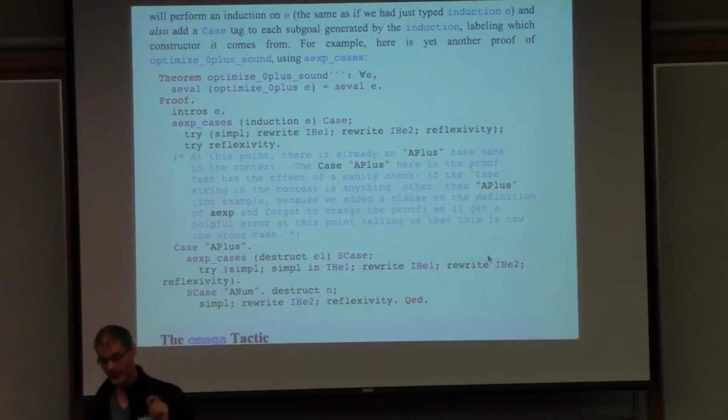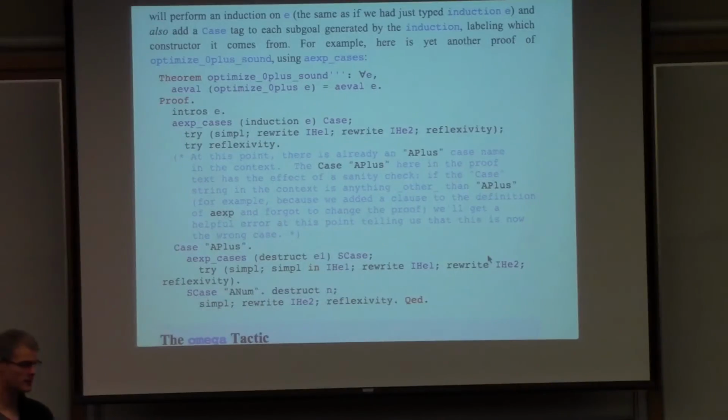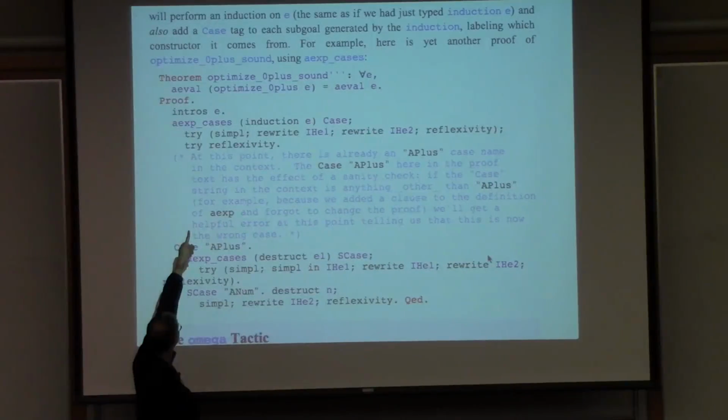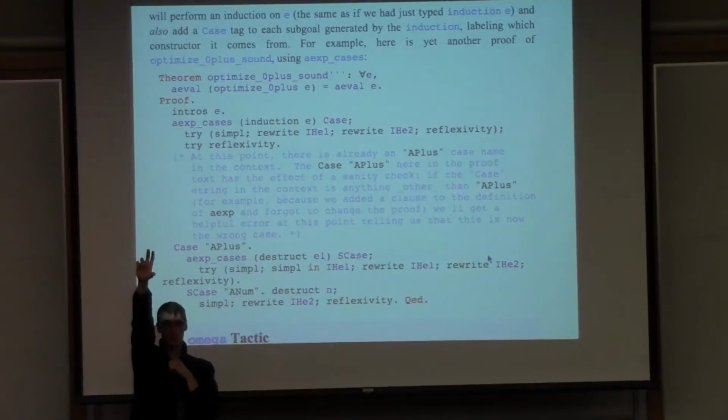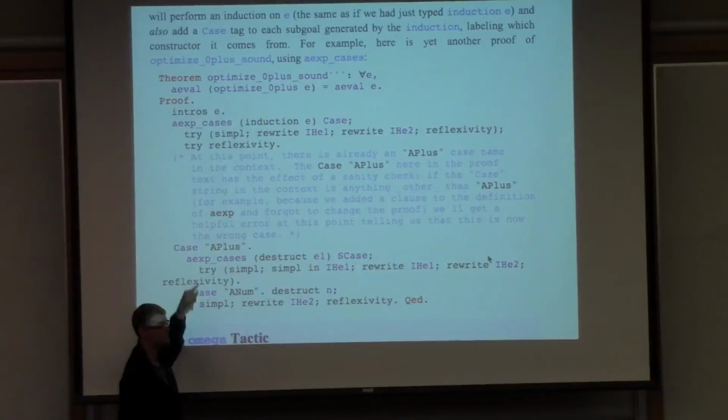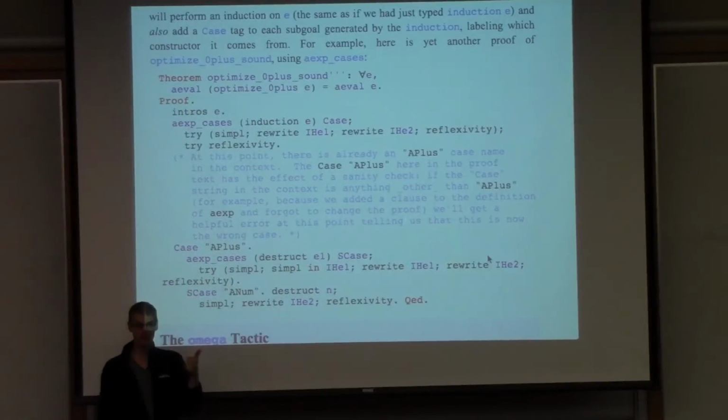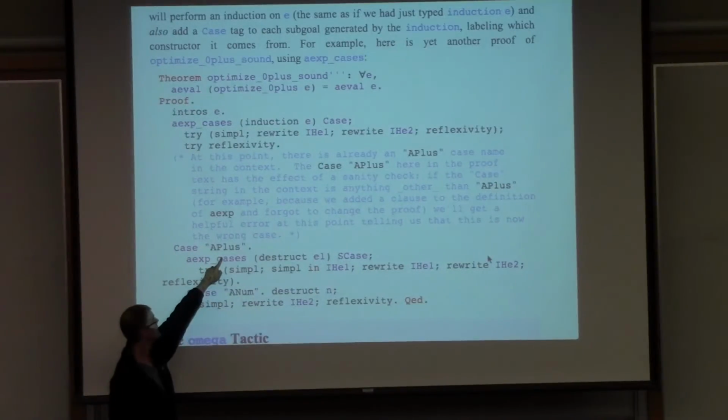Moreover, the case tactic that we already defined all the way back at the beginning does something a little bit special that is incredibly useful. Notice that the AEXP cases is going to insert a string into the context of each of the subgoals. Here, this case also inserts a string into the context of the subgoal. So this is what we've seen all along. But if there's already a string there, it has the effect of checking that what's there is what we're inserting now. So why is that useful?